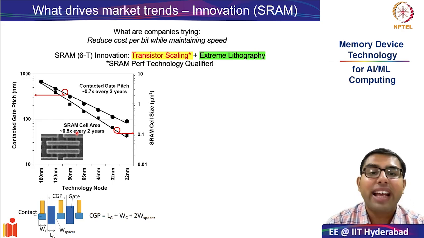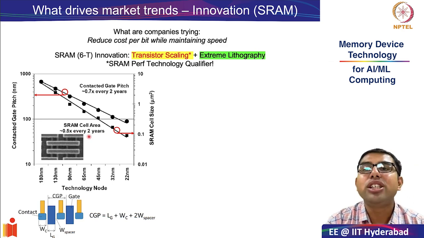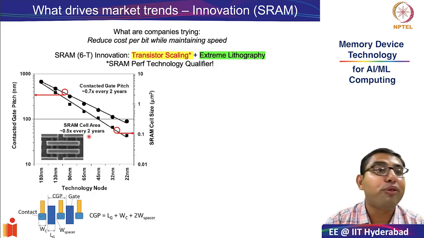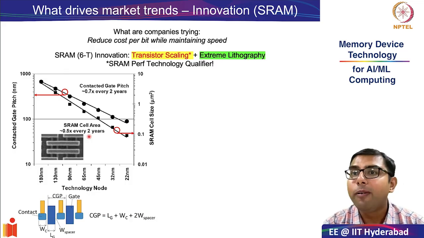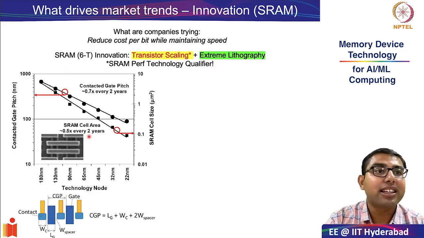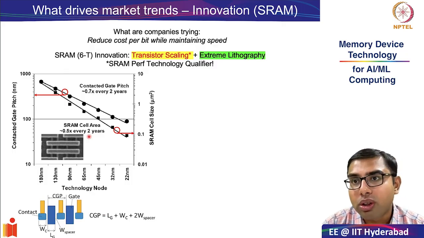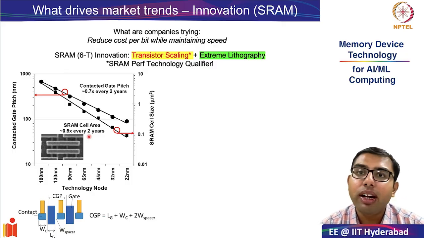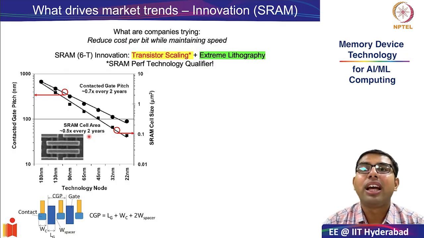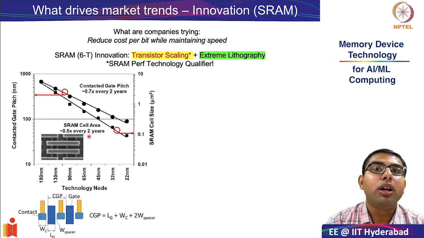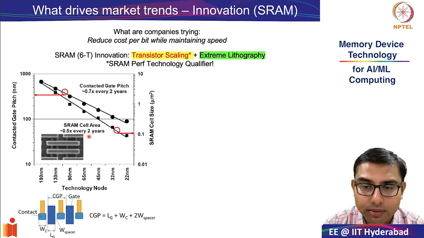And therefore, SRAM cell area is becoming half every 2 years. The other way of saying this would be that the number of SRAM cells you can embed into the same footprint is doubling every 2 years. So what we wanted to illustrate is that through advances in transistor technology, SRAM technology is also improving.